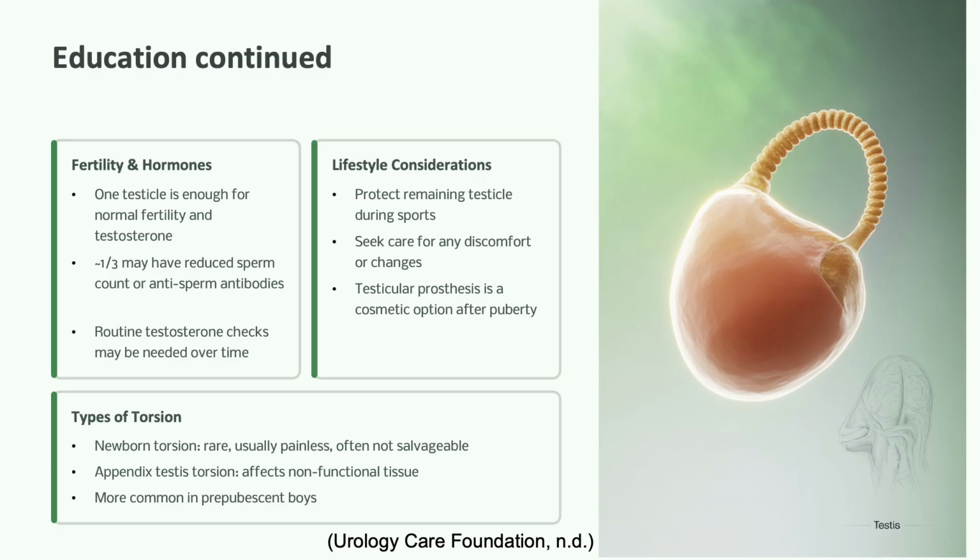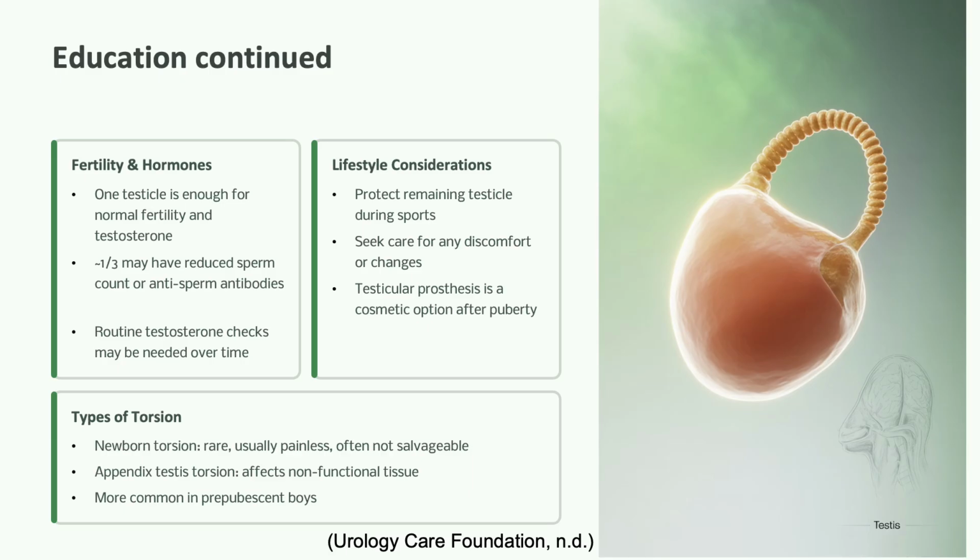Some continued patient education I found on the American Urological Association site was questions that families might ask and the answers that came along with them. If they ask questions about fertility and hormones, you can reassure them that one testicle is enough for normal fertility and testosterone. One third may have reduced sperm count or anti-sperm antibodies.